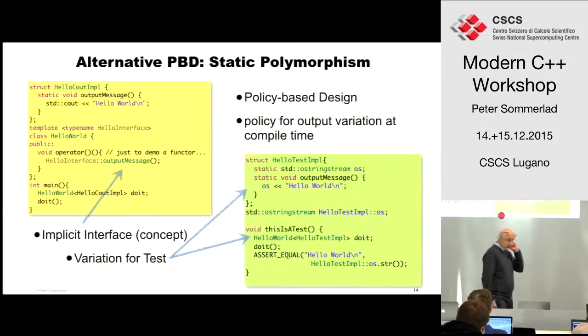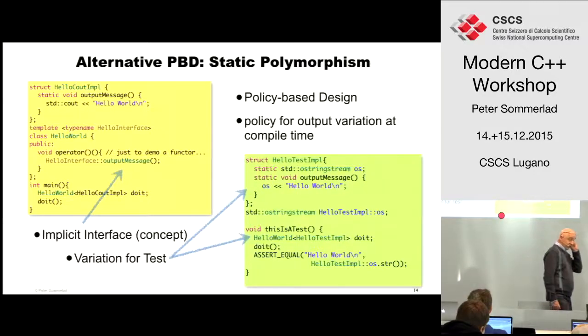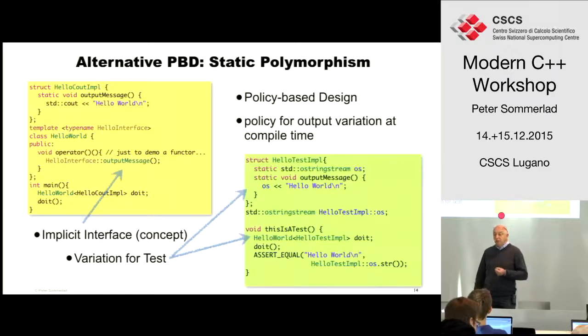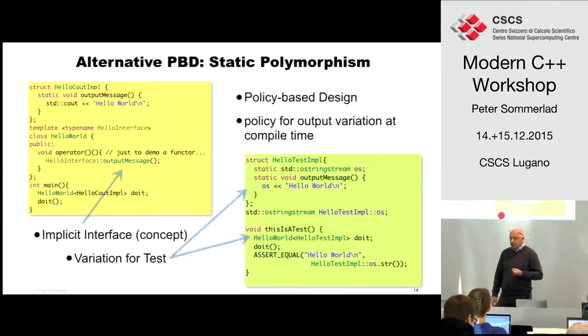If we, in C++, instead of using these virtual functions and everything potentially exchangeable at runtime, we could also use templates and make things exchangeable at compile time. So we no longer need that explicit interface that we used before with the virtual member function.